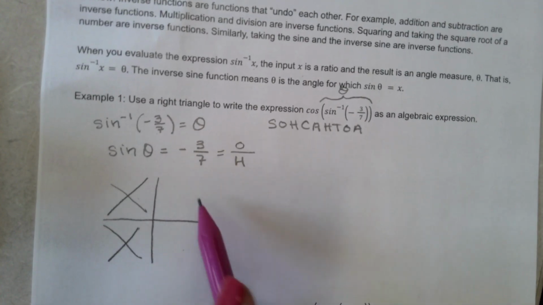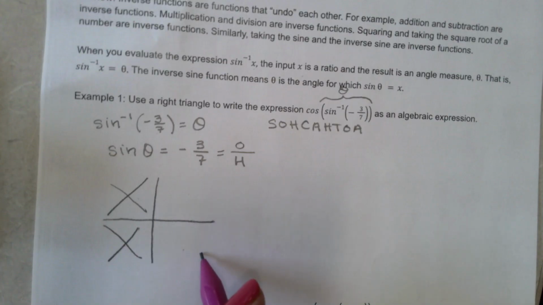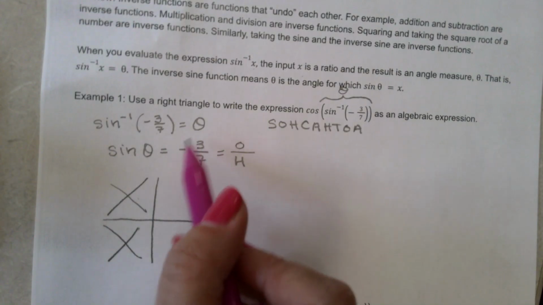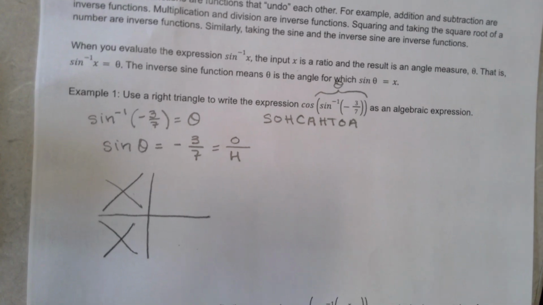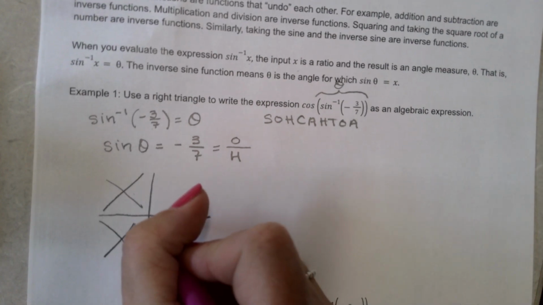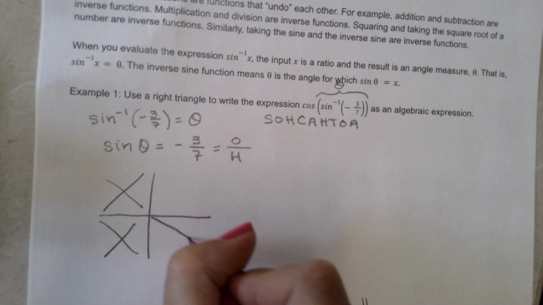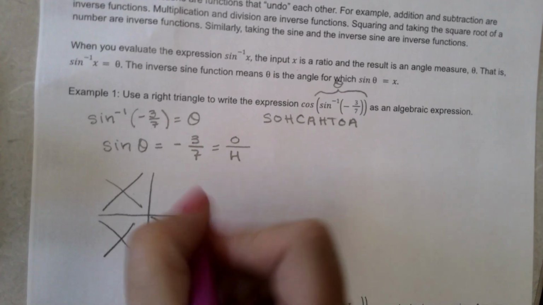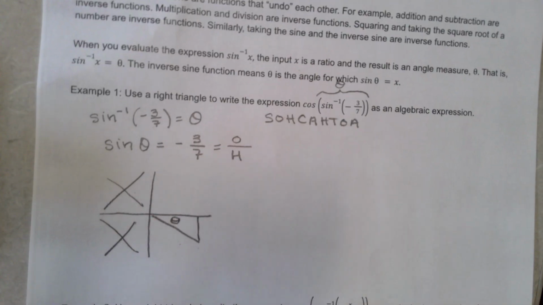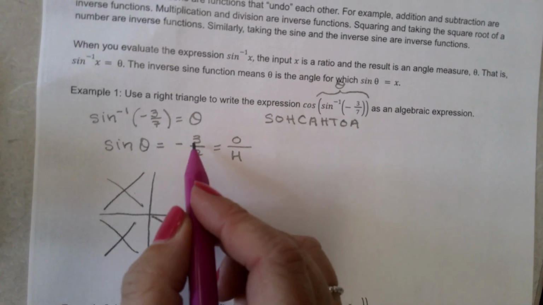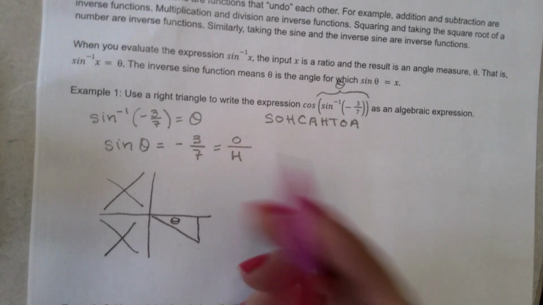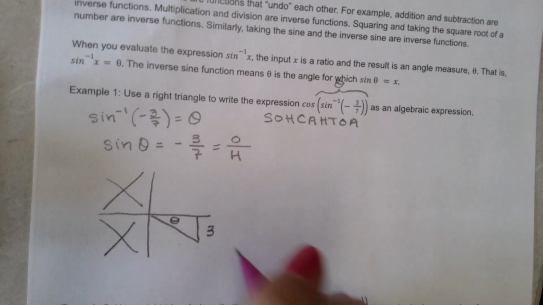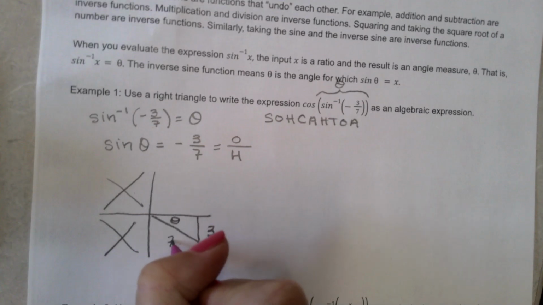And I want to think, out of quadrant 1 and out of quadrant 4, which one has the sine negative? After thinking about that for a second, hopefully you realize that means that our angle theta should be in the fourth quadrant. And now our sine is our opposite, so 3 over our hypotenuse, 7.